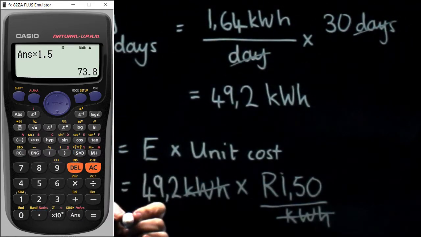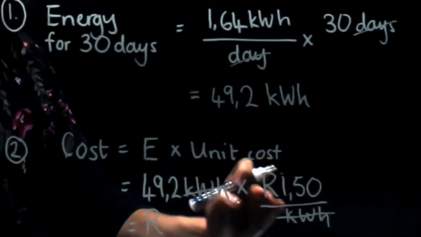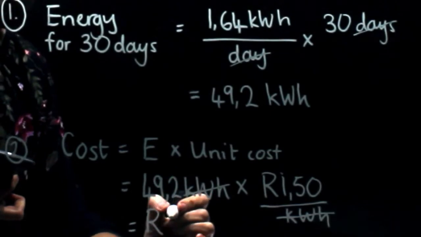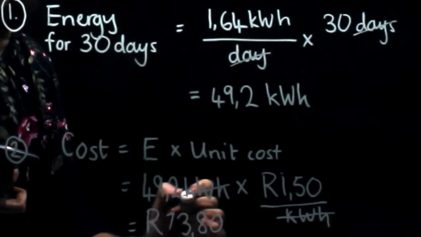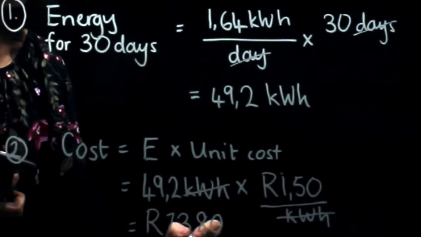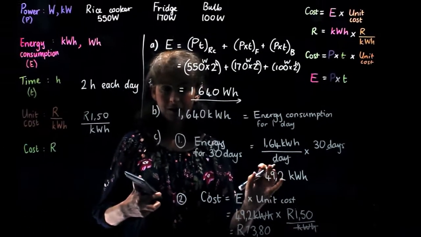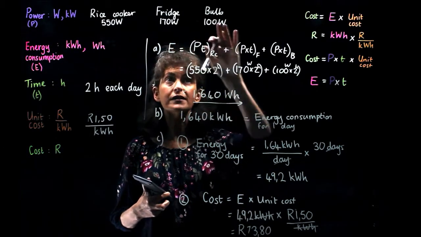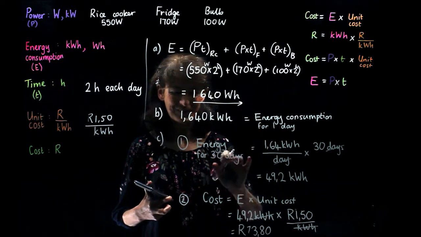And make sure that you do give the correct unit. It's cost, so that's rands. You can also see rands is the only unit left behind. 73,80. 73 Rand 80 cents. That's how much they're going to have to pay for a whole month when they use each of these appliances 2 hours every day for a 30-day month.